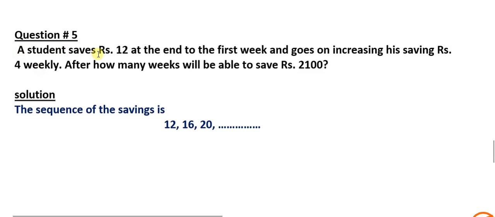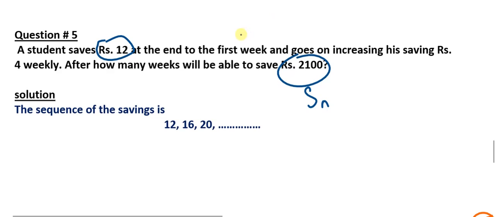Question number 5 is: a student saves rupees 12 at the end of the first week and goes on increasing his savings by rupees 4 weekly. After how many weeks will he be able to save 2100 rupees? This is Sn equal to 2100, which means the first saving is 12 rupees. It means that after every week the savings increase by 4.